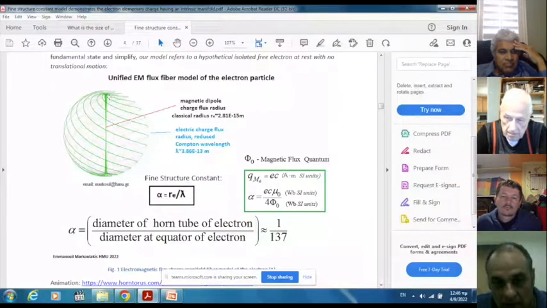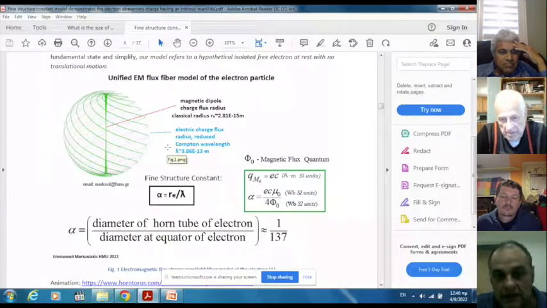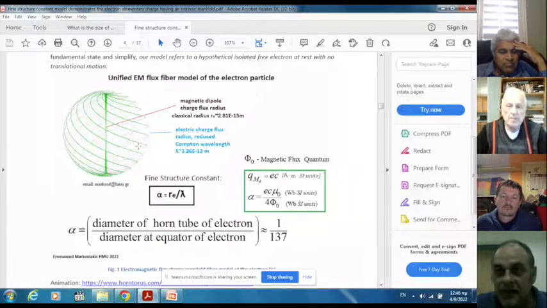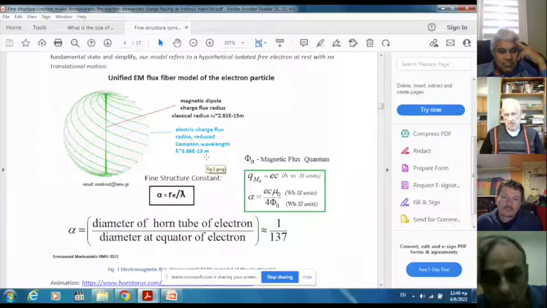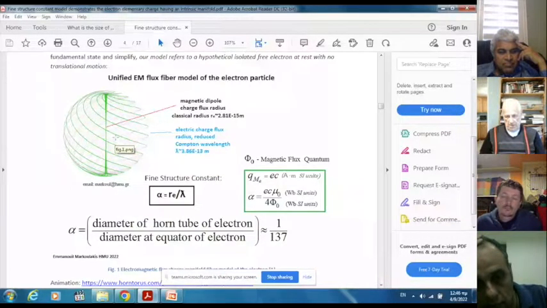So the only problem we have is it's big. Yeah, it's big. It's 10 to the minus 13 meters. And they say in the experiments they cannot find it; they put the upper limit at 10 to the minus 18 meters. So it's big. But the paper we are now writing, I believe it will go out in a month or so.